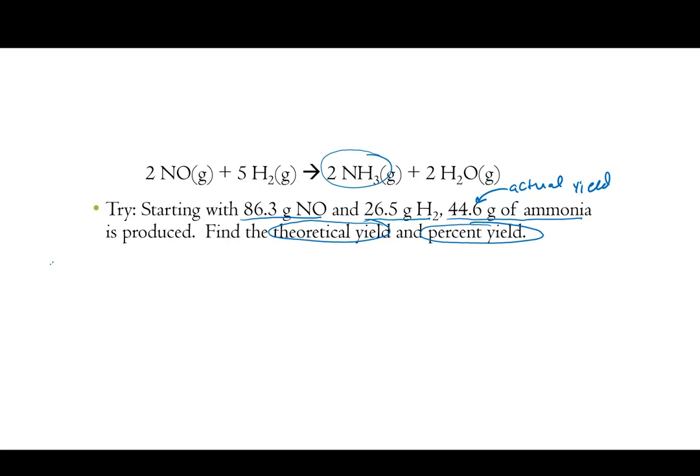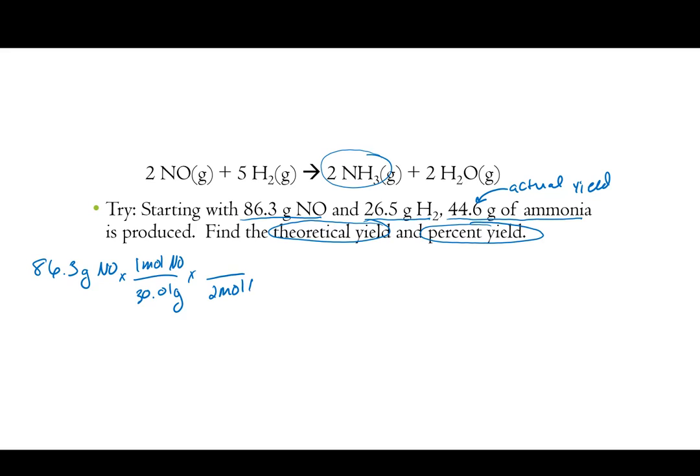So I'm going to take both of my reactants, and I am going to convert them to grams of ammonia. And I'm going to convert them both to grams of ammonia because that's the unit of my actual yield. So the actual yield and the theoretical yield have to be in the same unit.